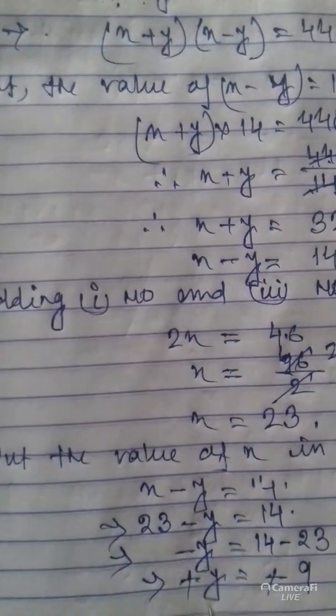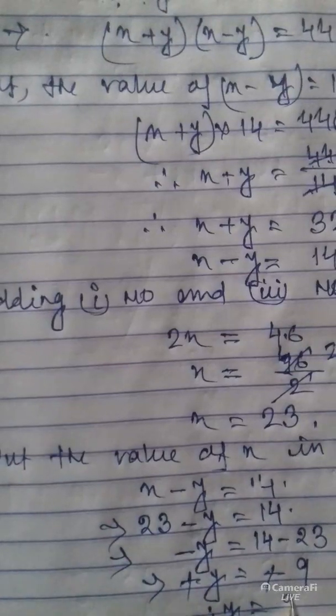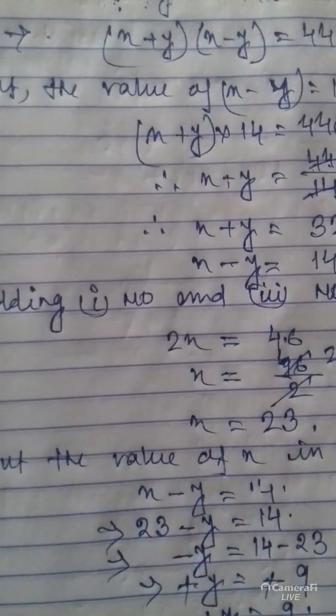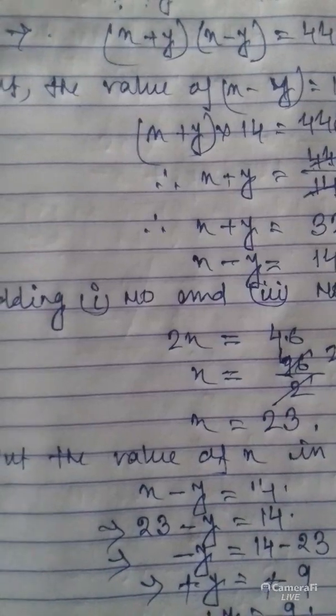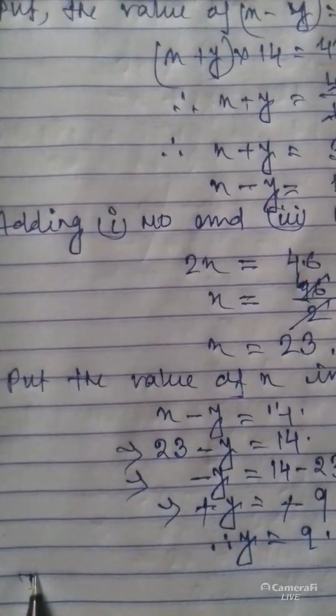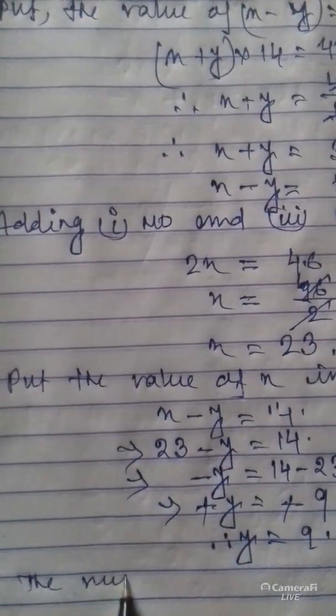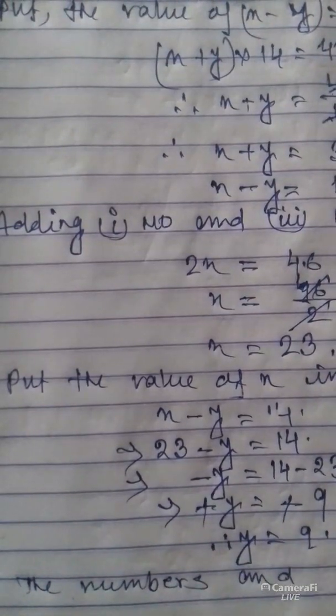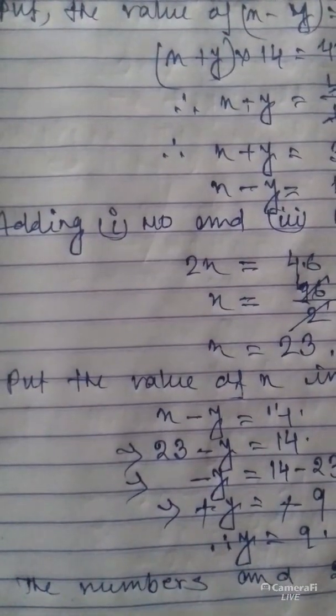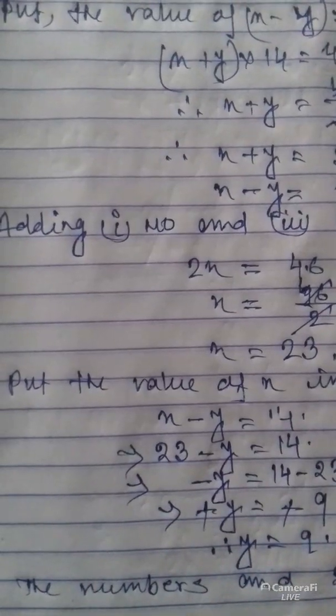Minus minus cancel. Therefore y equal to 9. X equal to 23 and y equal to 9. Answer: the numbers are 23 and 9.